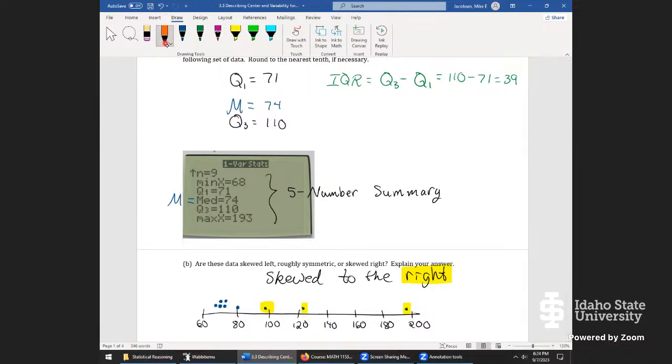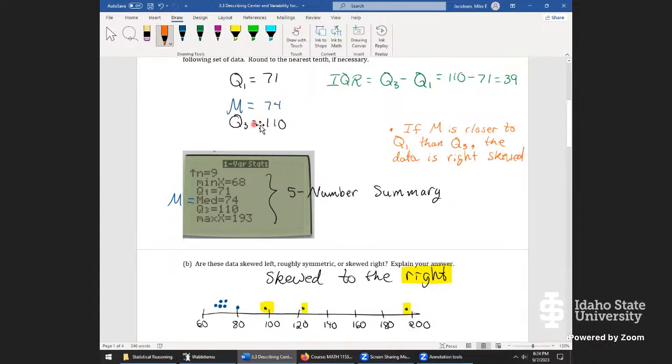So I'll put here on the first bullet point, if M is closer to quartile 1, which we write as Q1, than Q3, the data is right skewed. And vice versa.